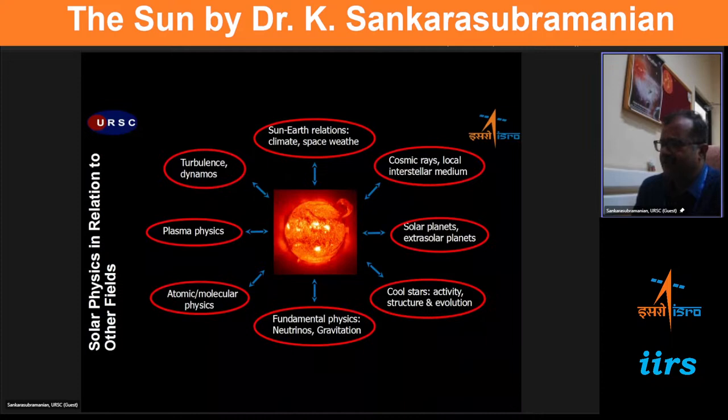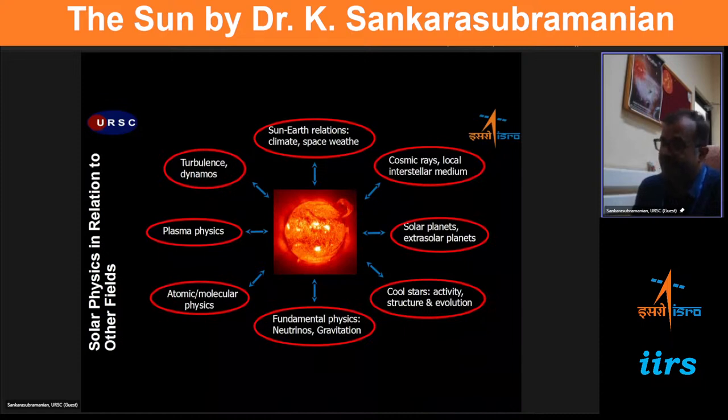It's not exhaustive, but a few of the important physics you go through during your master's and bachelor's. For example, atomic and molecular physics, what you study when you form absorption lines and emission lines, is an important element for us to study the sun and its related phenomena.